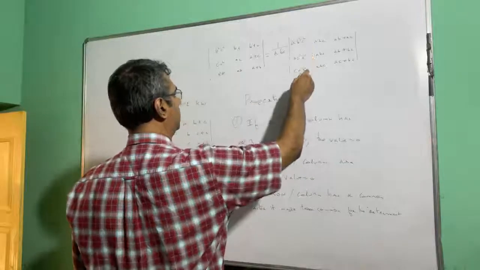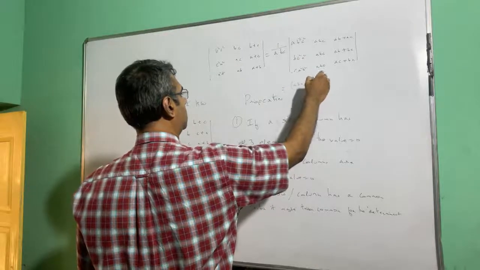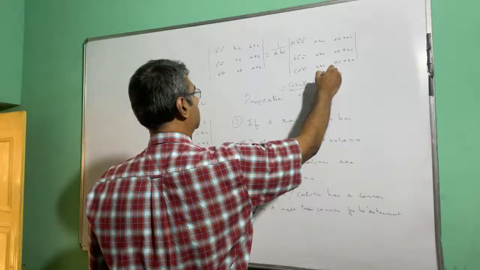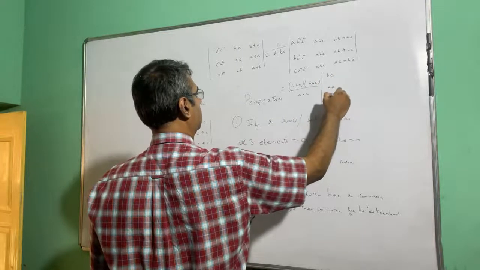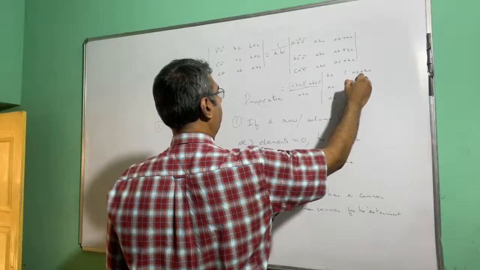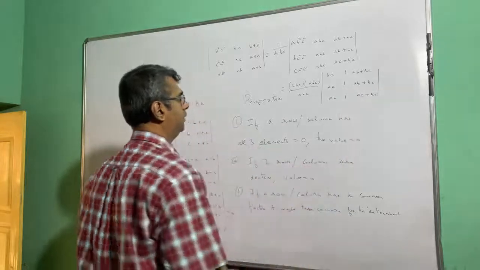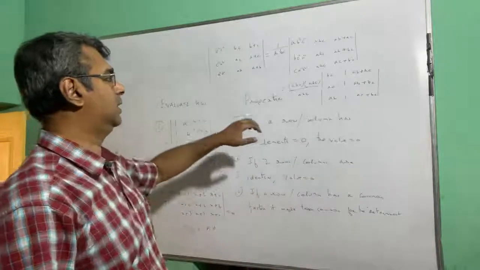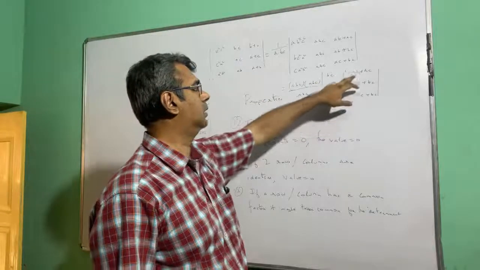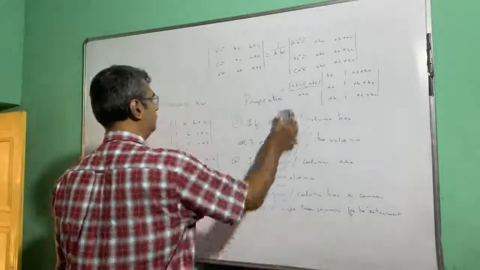You take abc common from the first column and abc common from the second column. After you take abc common from the first and second columns, the first column will become bc, ac, ab, the second column will be 1, 1, 1, and the third column will be ab plus ac, ab plus bc, ac plus bc.